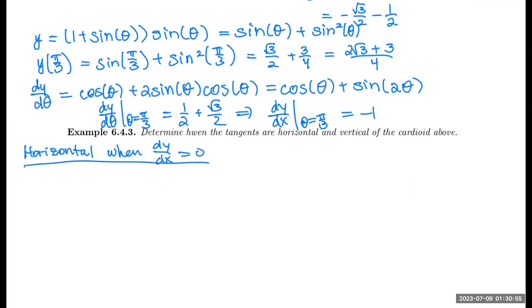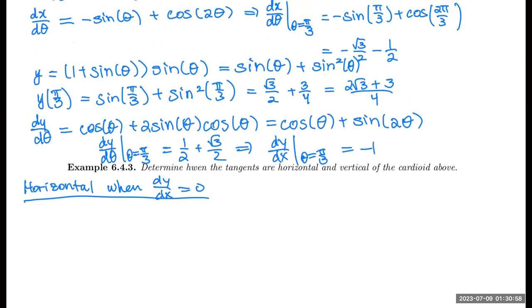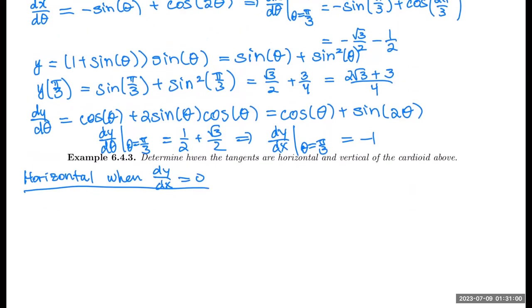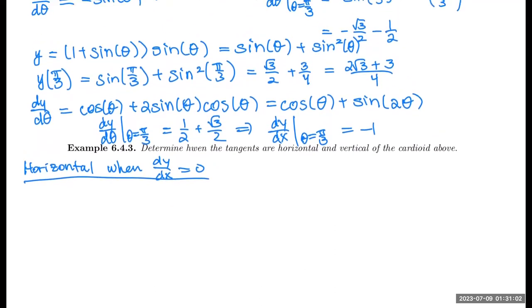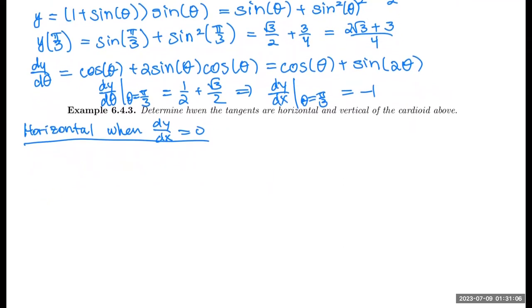So dy divided by dx, we know, is equal to the numerator. So we're going to have a look at the numerator, which is cos theta plus sine 2 theta. This is when it's equal to 0.